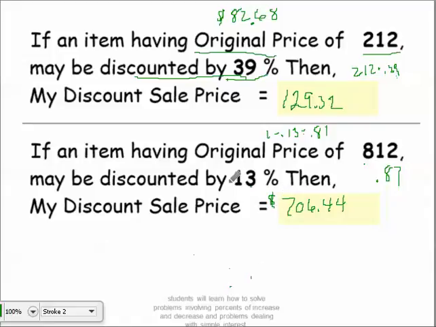Let's think about this for a second. 13% is close to 10%. 10% of this is going to be about $81.